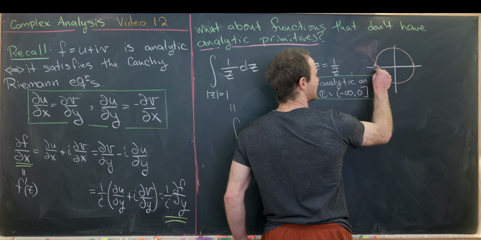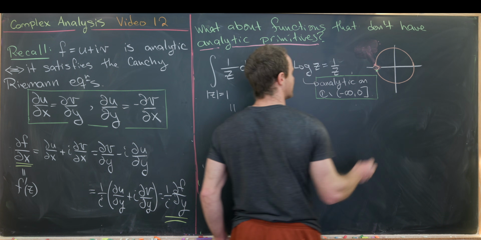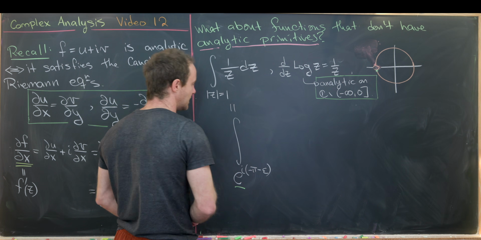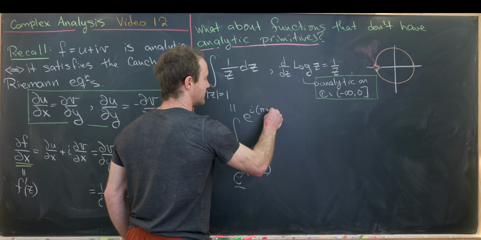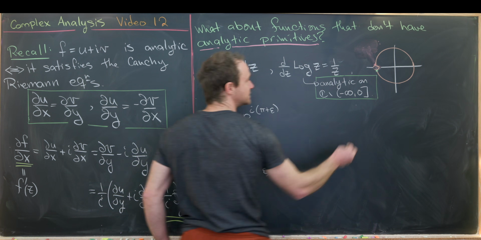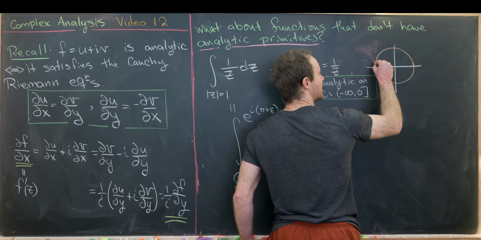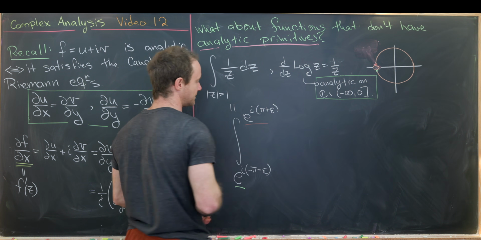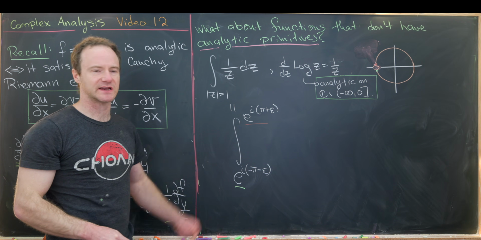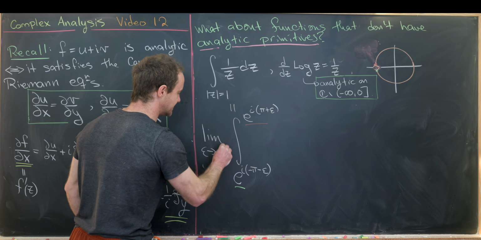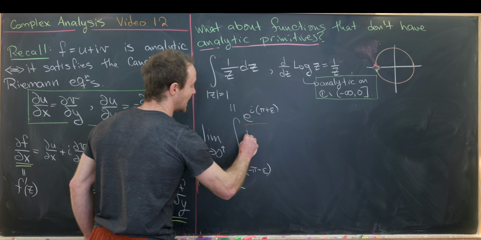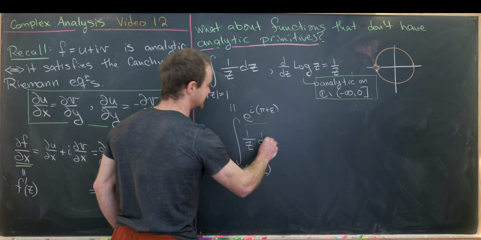That point would be right here, just right before this bubble. And then at the top we would have e^(i(pi - epsilon)), and that point would be right here above the bubble. Since we're trying to patch this back together, we need to put a limit as epsilon goes to 0 from above in front of the integral of 1 over z dz.